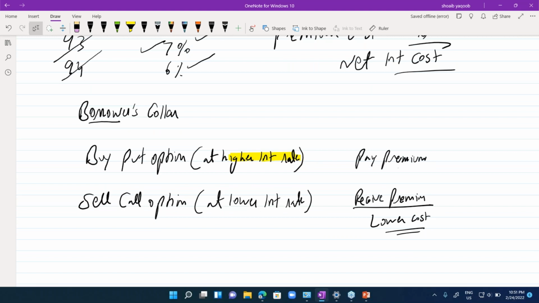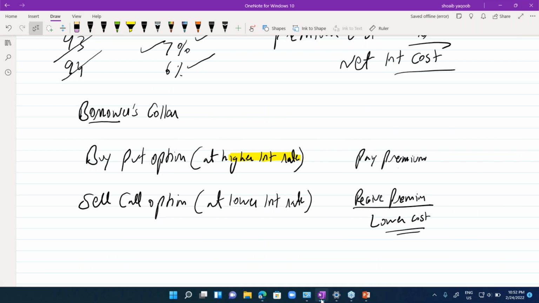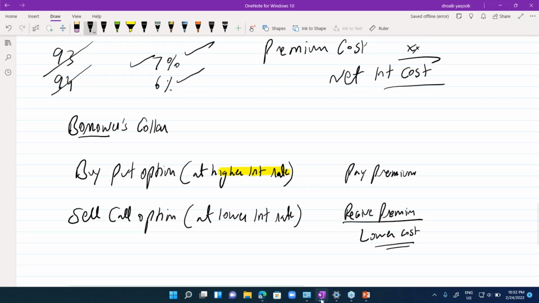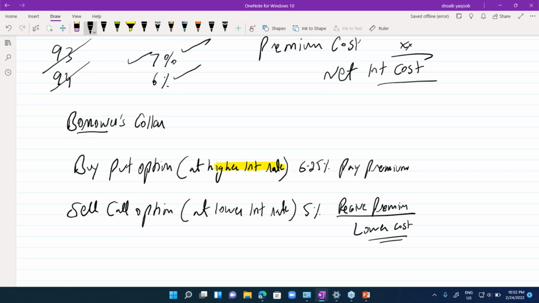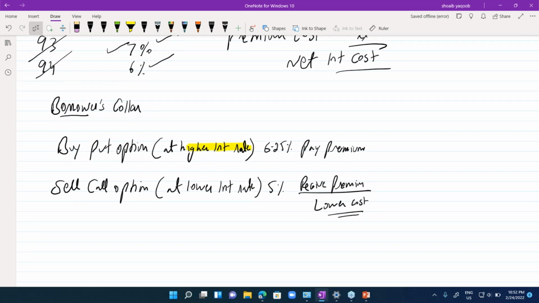For example, guys, if we take our question example, what was the strike rate? 6.25. Put option at 6.25. So let's suppose you have bought the put option at 6.25% and sold the call option at 5%. Let's suppose we assume you have set the collar at 6.25 put, 5% call.